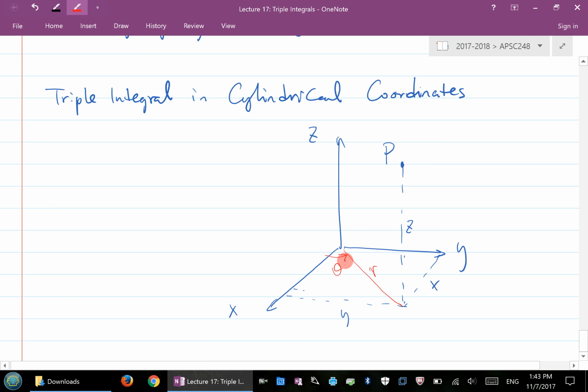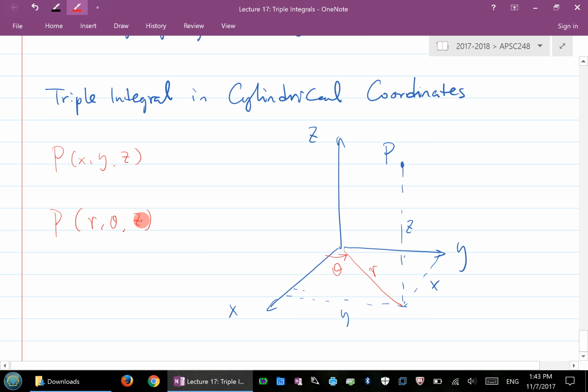When you see r, theta, that should remind you of the polar coordinates, right? We're gonna change the z here. So for point P, you can either use x, y, z, or we can also use r, theta, z to represent its location. This r, theta, z is basically called the cylindrical coordinates.